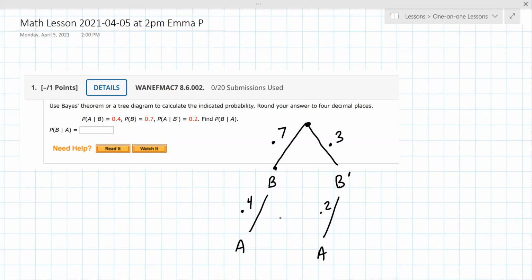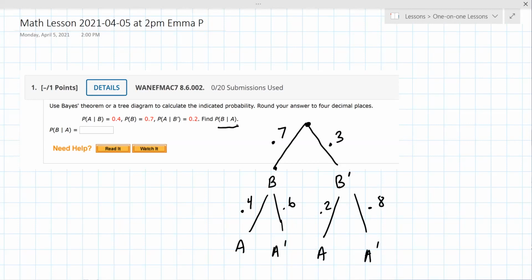And then there's also these other paths which we haven't talked about. Probability of B given A. Okay. So there's also these other paths here, A not and A not, and these would be 0.6 and 0.8. I think that's why it's just to draw a diagram.